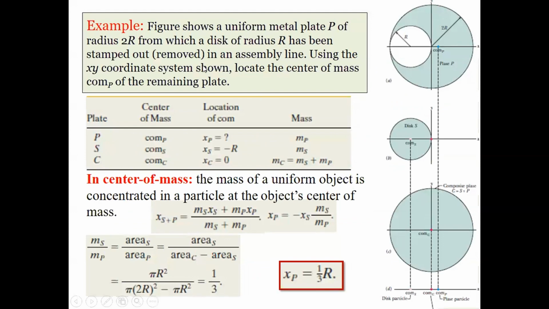This example is showing a uniform metal plate P of radius 2r. A disk of radius r, shown in white, has been stamped out or removed from the larger disk in an assembly line.